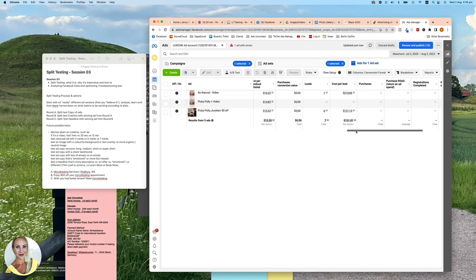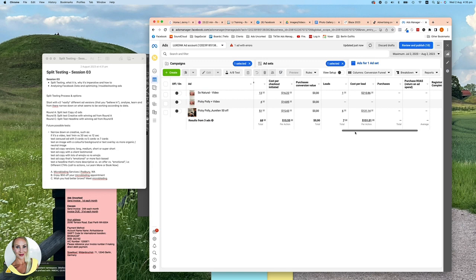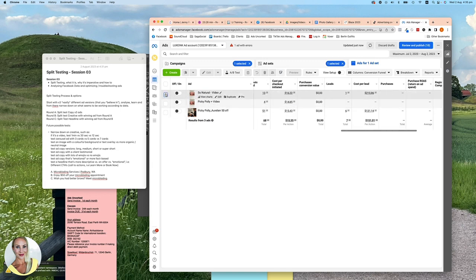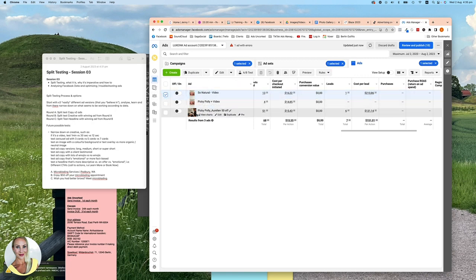But even here we can see the reason to split test, and the benefit is that if you had only run this ad, and say this is not a 100% accurate split test, because we have two different copy angles and two different creatives, so we can't say exactly what the winning factor is, which is why we only change one variable at a time, either the copy or the creative or the headline.